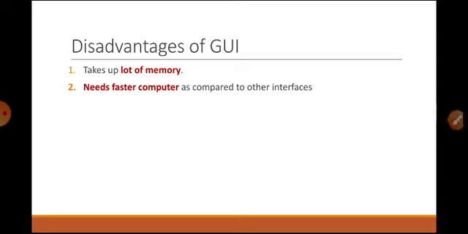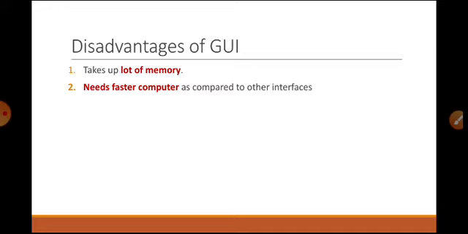Now, what are the disadvantages of GUI? As GUI has icons, pictures, pointers, and everything is colorful, it takes a lot of memory to reside in the computer, and it needs a faster computer as compared to the other interfaces.